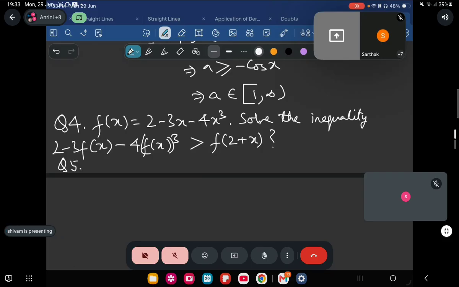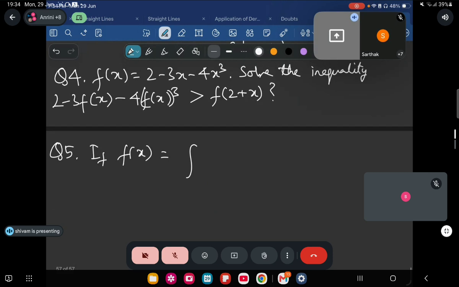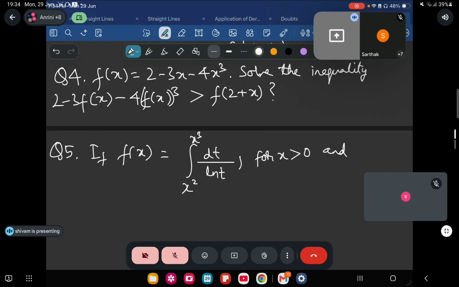Question number 5. If f of x equals the integral from x squared to x cubed of dt by ln t, for x greater than 0 and x not equal to 1, prove that the function is monotonic.